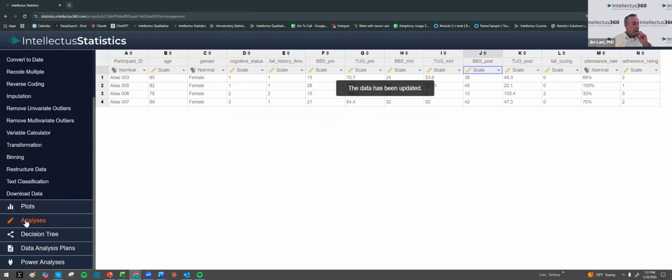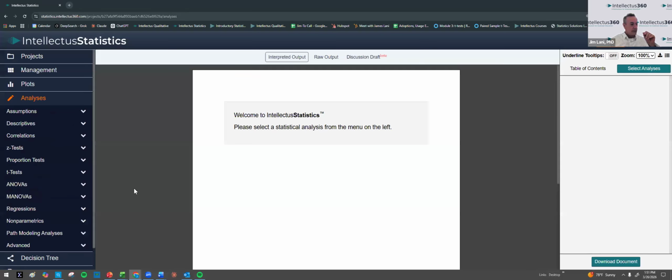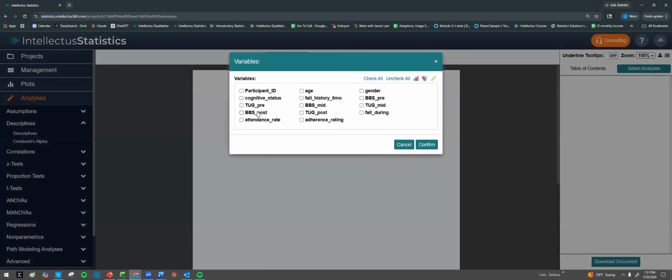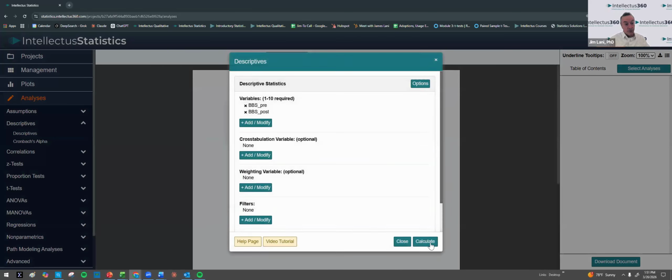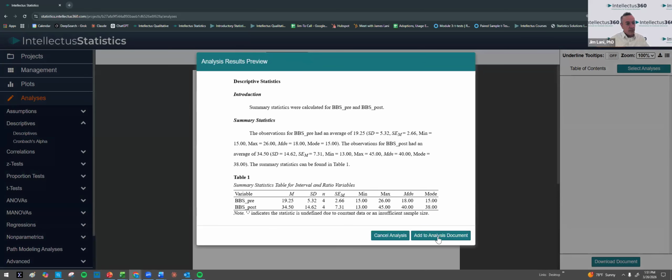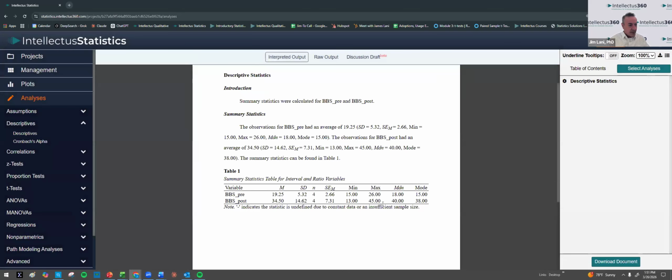Then what's the next thing we do? Now we have to do the descriptives, the test to analyze. Good job. So we do descriptives, pre and post, because you may have more than four people on the call and you want to just make sure, hey, 15 to 26, 13 to 45, does that seem right?